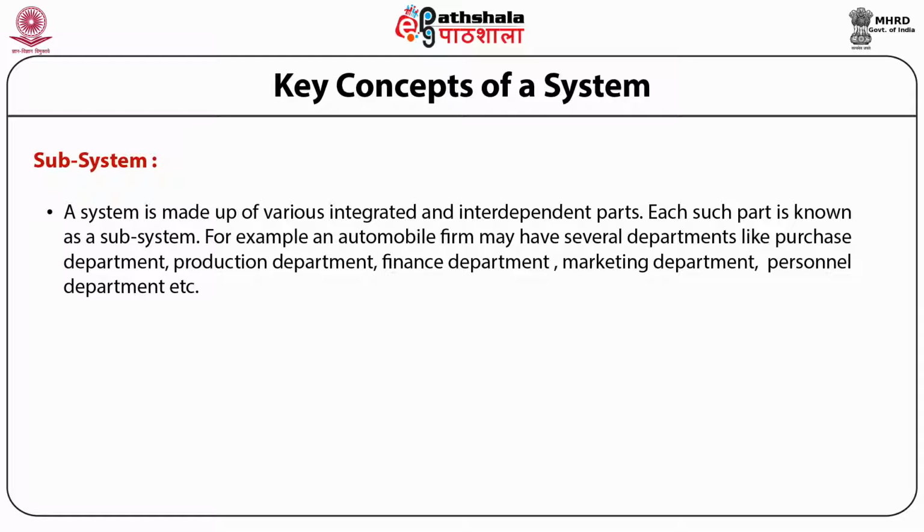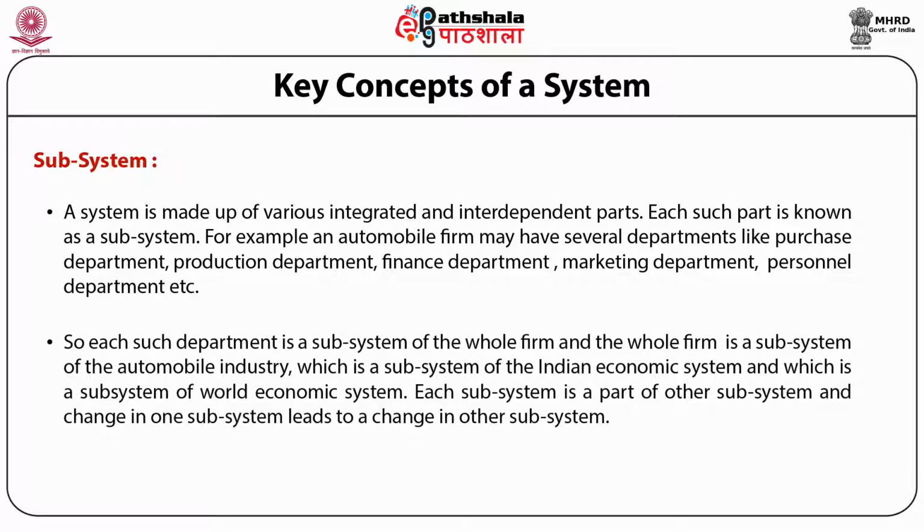For example, an automobile firm may have several departments like purchase department, production department, finance department, marketing department, personnel department, etc. So each such department is a subsystem of the whole firm, and the whole firm is a subsystem of the automobile industry, which is a subsystem of the Indian economic system, and which is a subsystem of the world economic system.